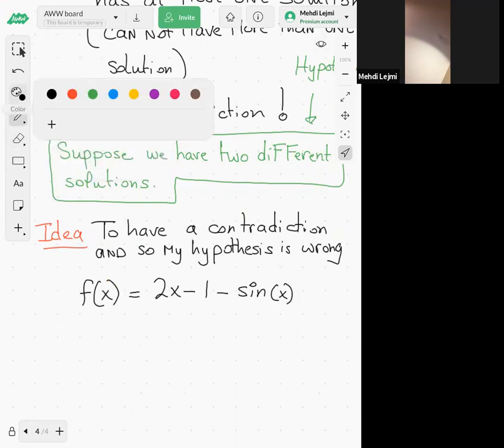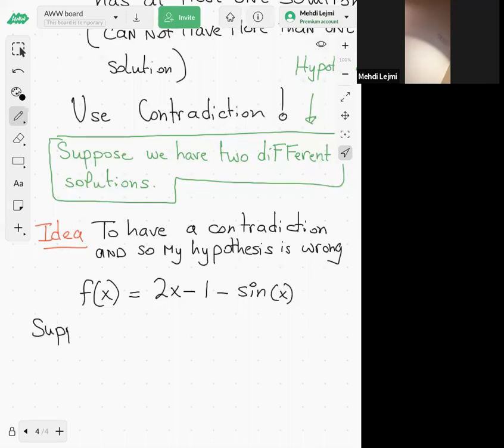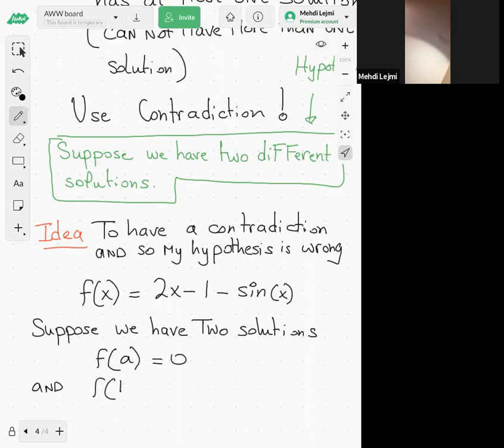So I'm gonna suppose we have two solutions. So what does it mean having two solutions? It means that f of a is equal to 0 and f of b is equal to 0.